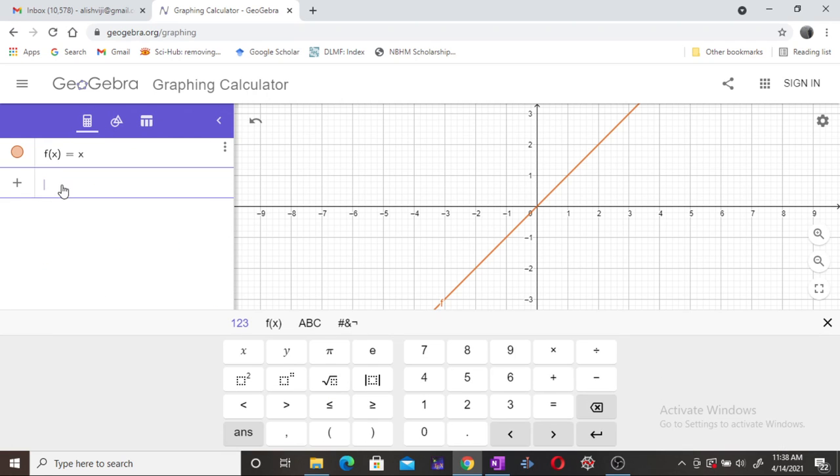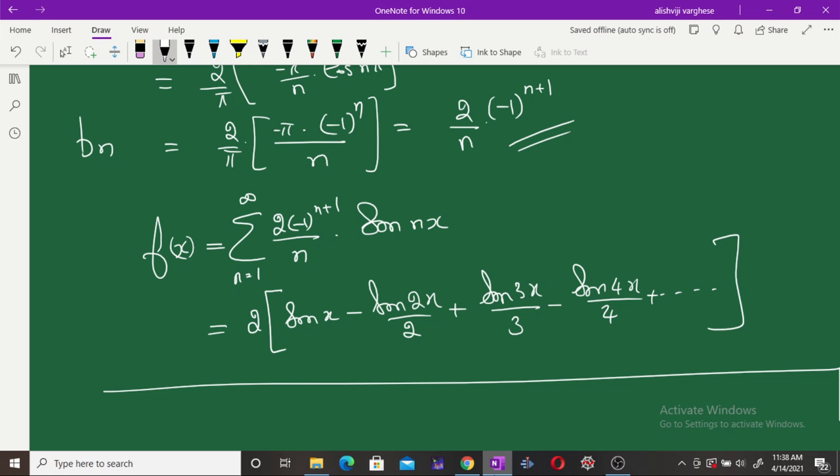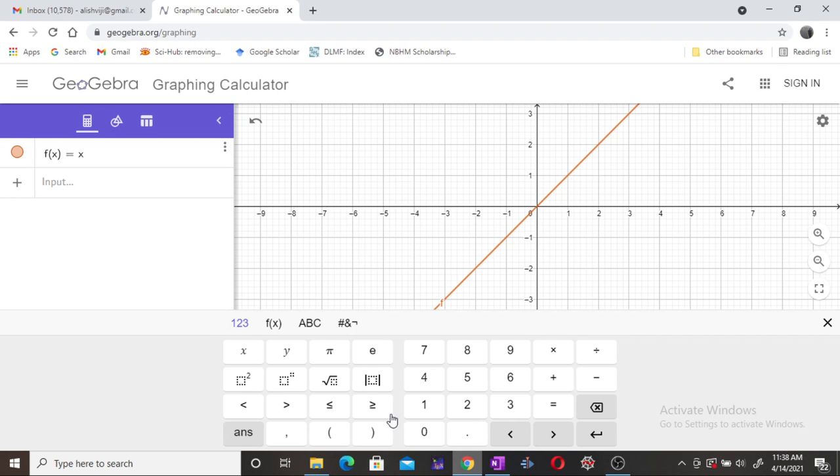Now I am going to add the Fourier series representation of the function here. So it is 2 into sine x minus sine 2x by 2 plus sine 3x by 3 minus sine 4x by 4, etcetera. So I just going to add the Fourier series representation.